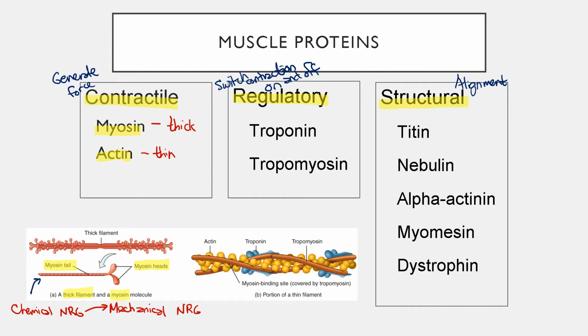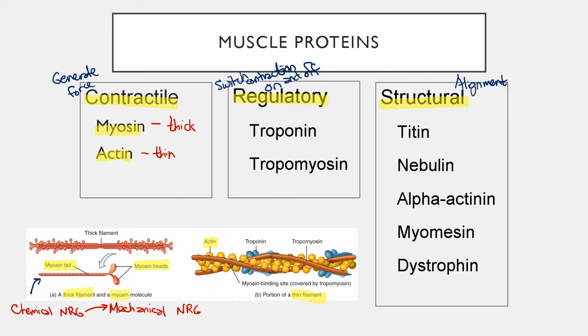Then we have the thin filaments over here. These are going to be anchored to the Z discs, remember, and their main component is the protein actin. Individual actin molecules, as we can see here, these little yellow balls, are going to be joined together to form an actin filament that is twisted into a helix.